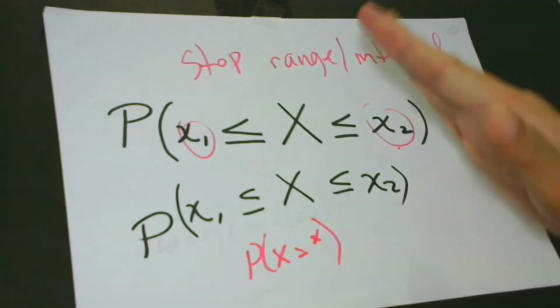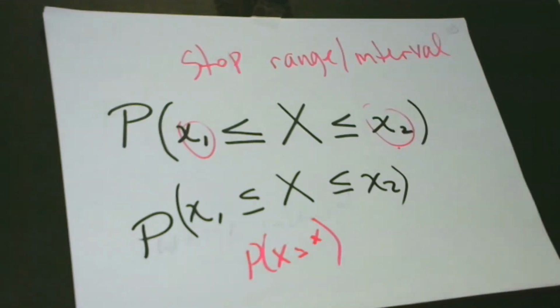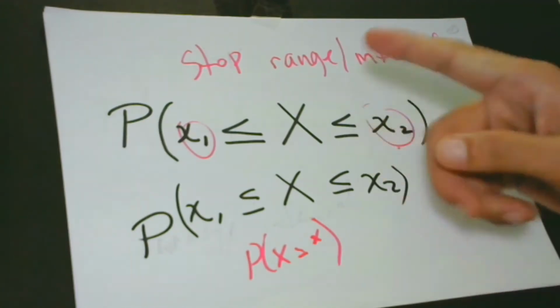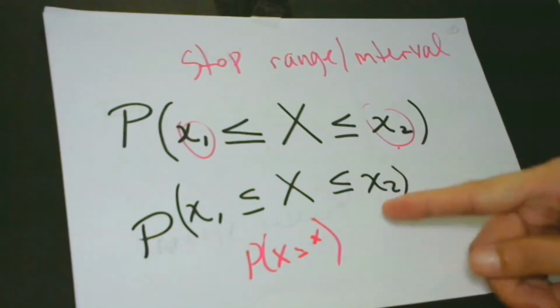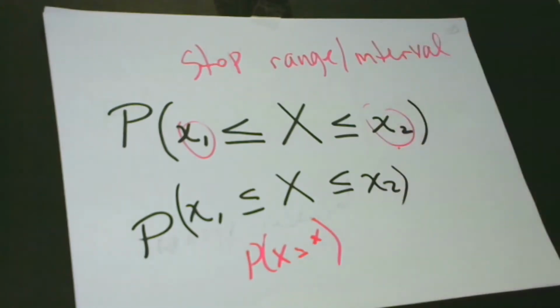Again, we're talking here of a continuous random variable, and identifying the exact value of x cannot be made possible in this case.